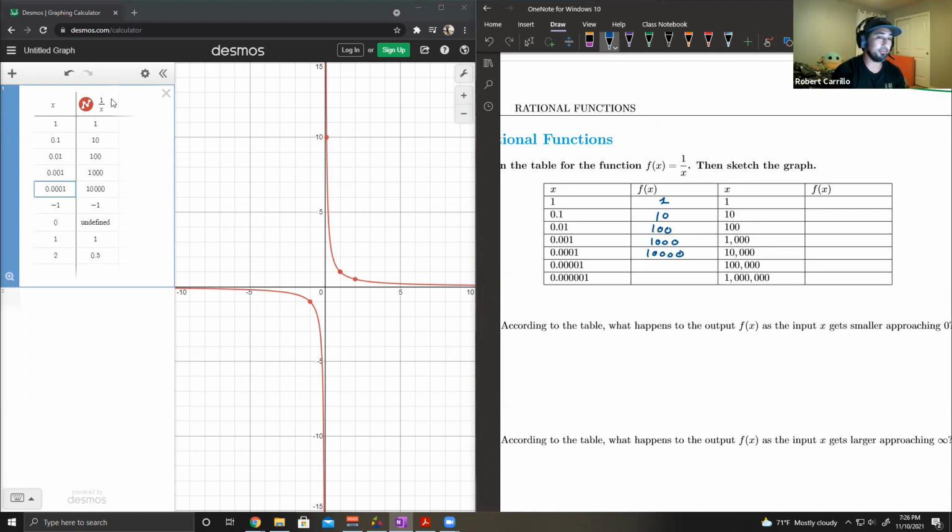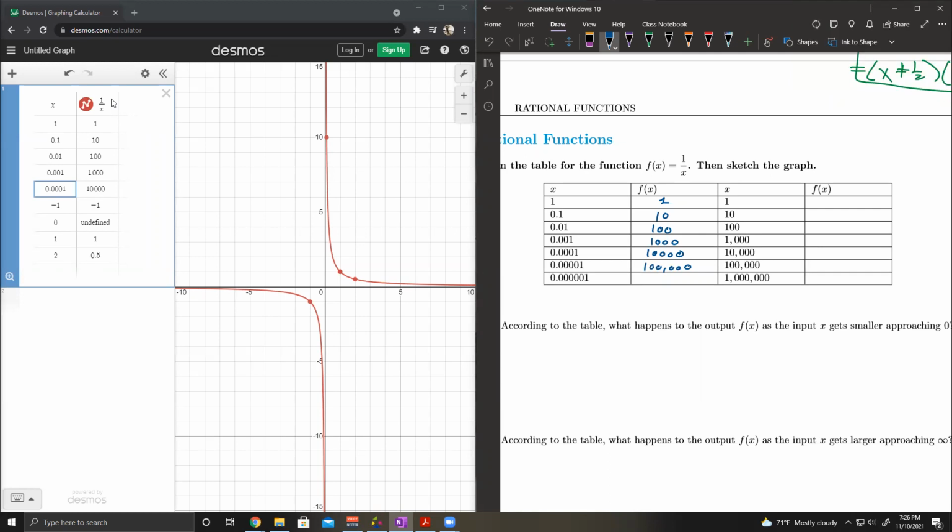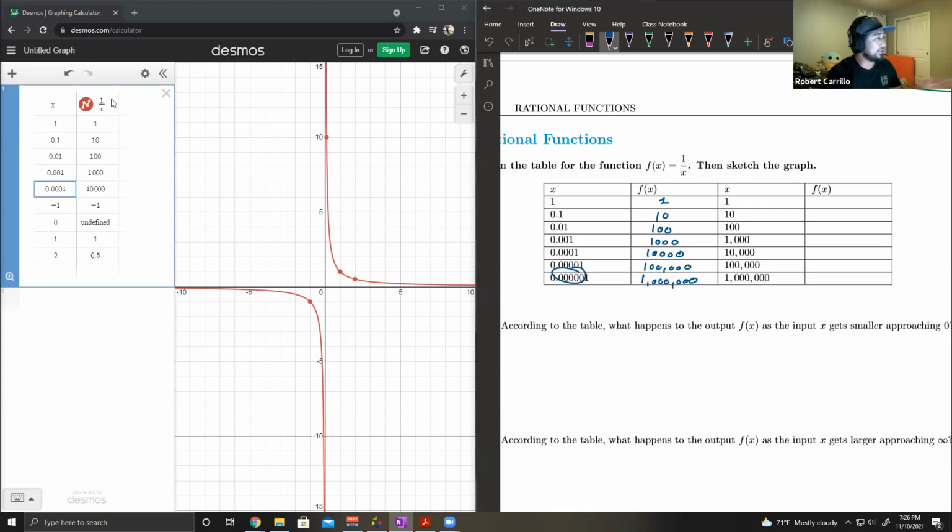What would the next number be? 100,000. And what would the next number be? 1 million. Good. So every time we add another 0 to that decimal number, the y values get larger.